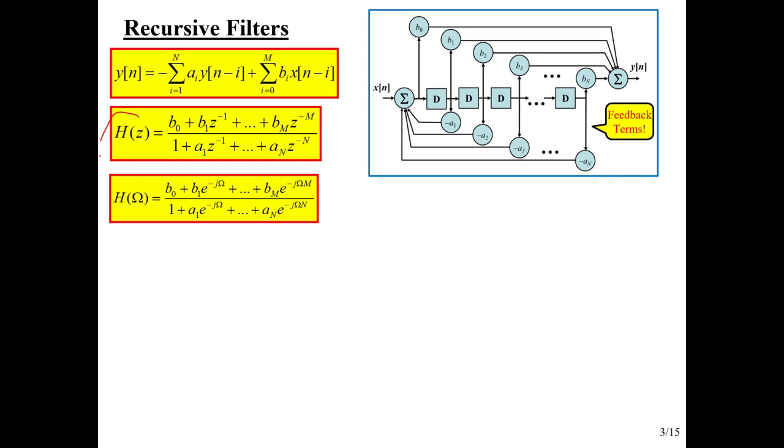Now, just a caution here, this looks like it's the same function, and what I'm really doing is changing Z to omega. This is a little bit of an invalid notation, but it's commonly done, so I'm going to stick with it. I've already shown you that we can really say that this is H of e to the j omega, where we're taking this function and replacing each z by e to the j omega.